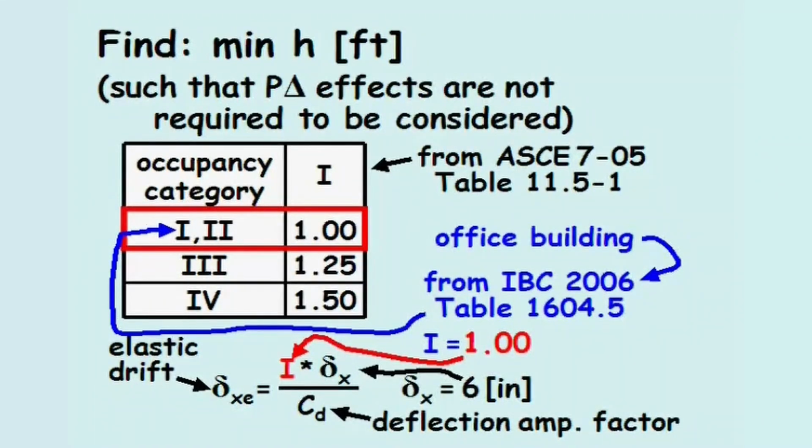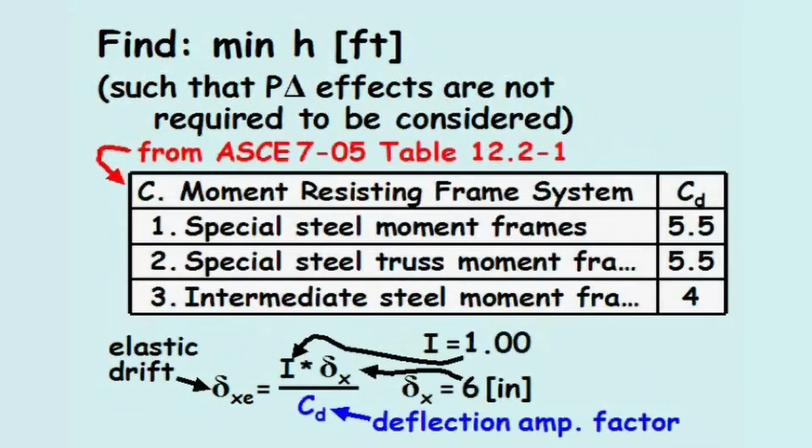The deflection amplification factor, CD, is determined using Table 12.2-1 in ASCE 7. Since the seismic force resisting system of the building is a special moment resisting steel frame, CD equals 5.5.